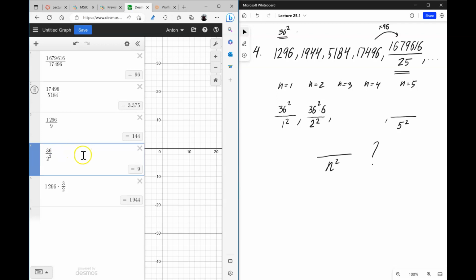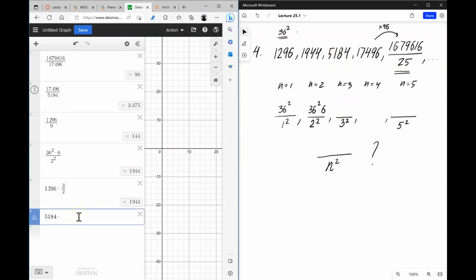36 squared times 6. Now if I'm trying to predict this pattern, what does it look like? Well, here we're going to have 3 squared, for example. So let's take 5184 multiplied by 3 squared, and let's divide all that by the previous term, 36 squared.